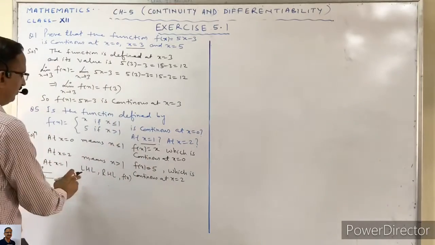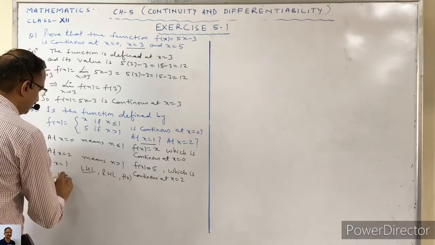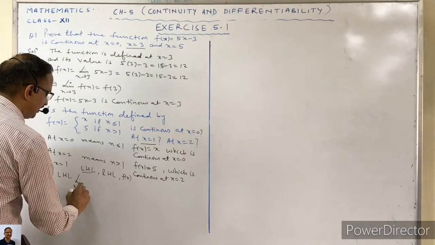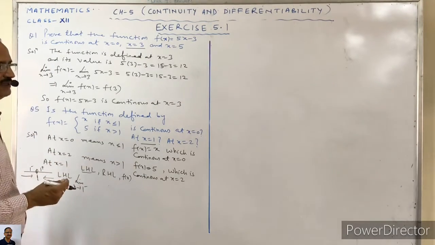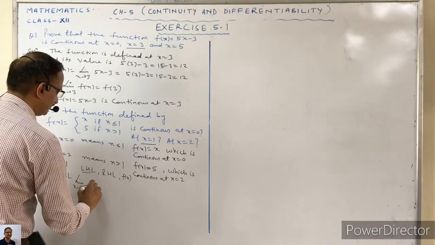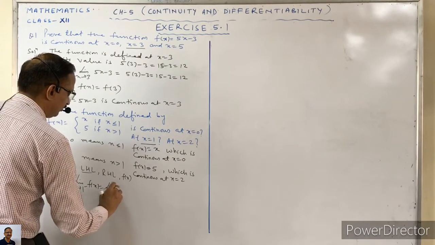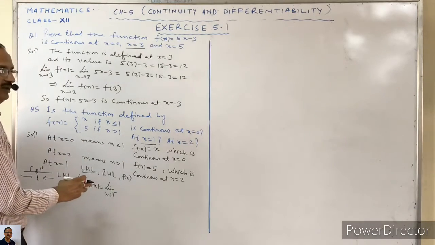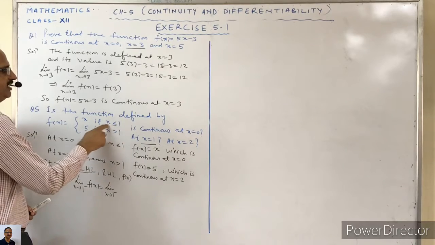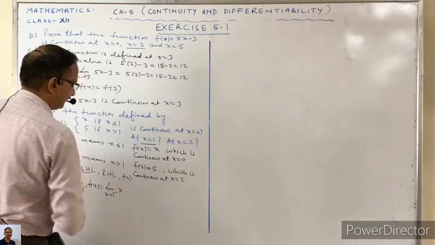So first of all we will find the left hand limit. Left hand limit means limit x tends to 1 minus, slightly less than 1, of f(x). For slightly less than 1, x is less than 1, the function will be x.